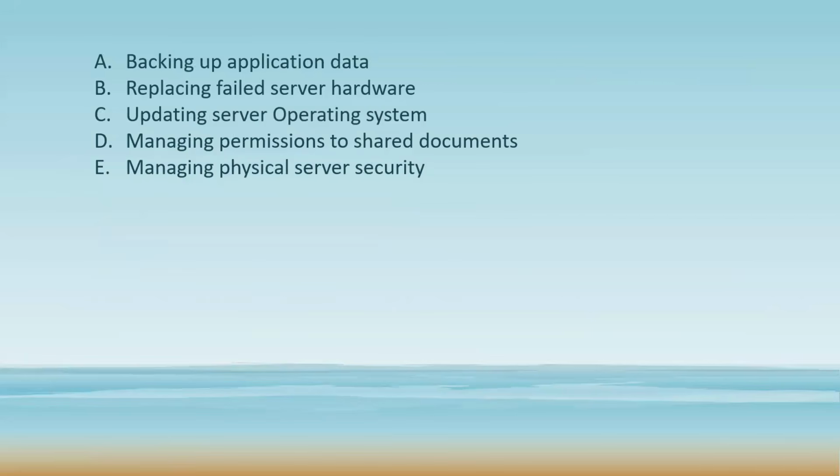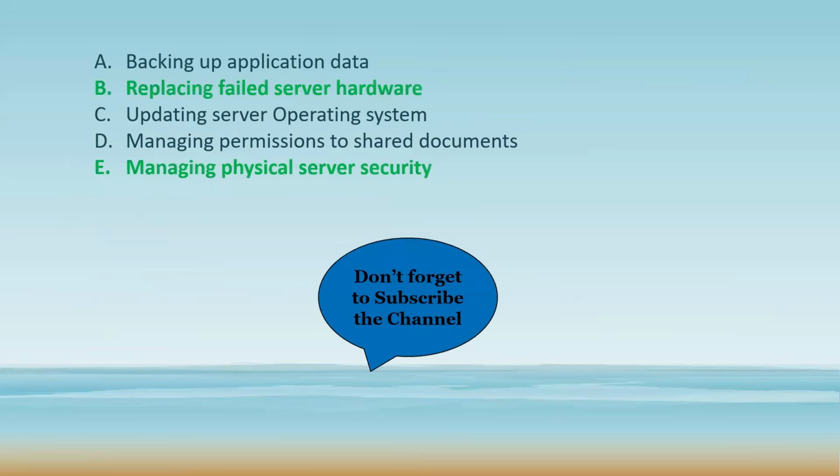And depending on the cloud computing model you choose, the responsibility is shared between customer and Microsoft. It varies. However, you never have access to physical hosts. So replacing failed server hardware and physical server security will be Microsoft's responsibility. So the right answers are option B and option E, replacing failed server hardware and managing physical server security.